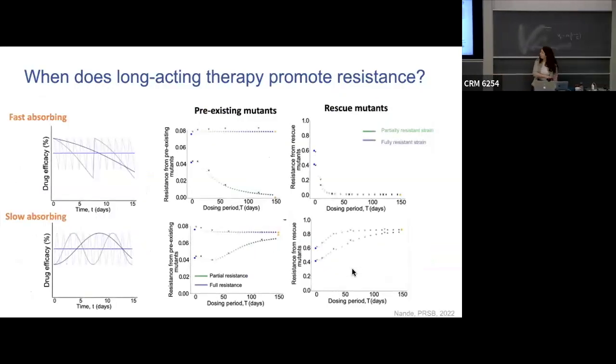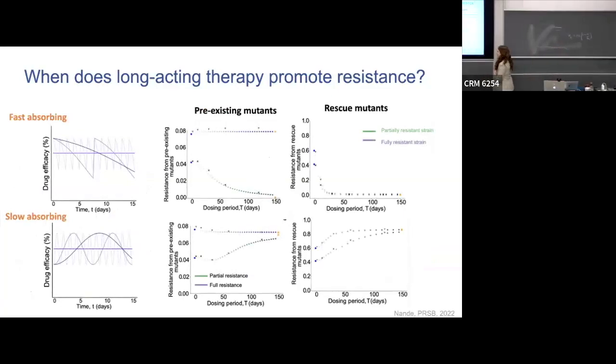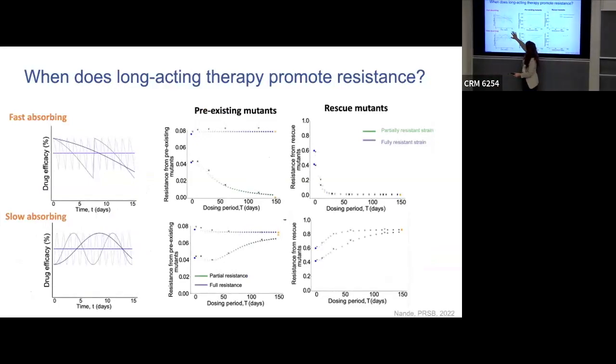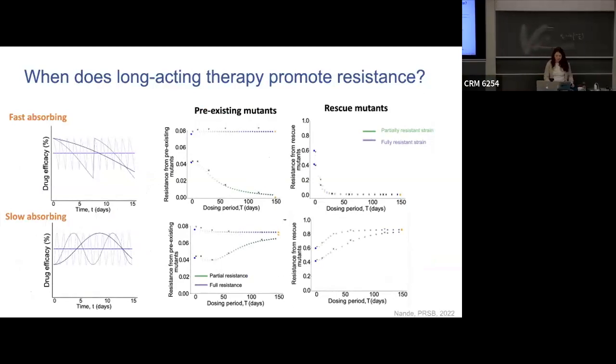And she looked at how this depended on what the drug kinetics were. We looked before at really fast absorbing drugs. Some of these methods are more slow absorbing in that it takes a while to reach the peak. In that case, she found sometimes increasing the dosing period actually made resistance risks higher.